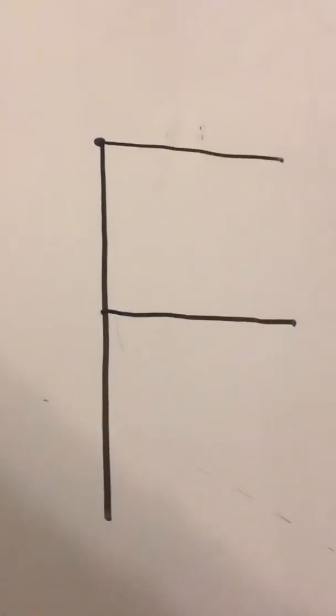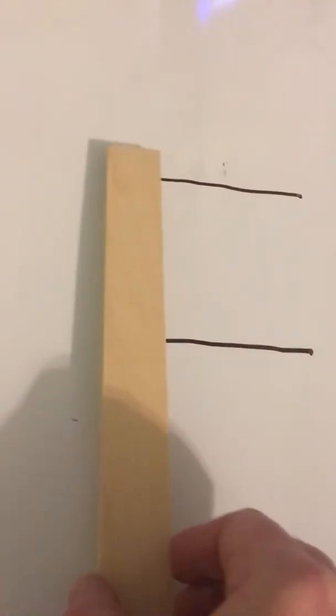F. Big line, jump, little line on top, little line in the middle. If we make it with the wood pieces, big line, little line on top, little line in the middle. Letter F. Frog.